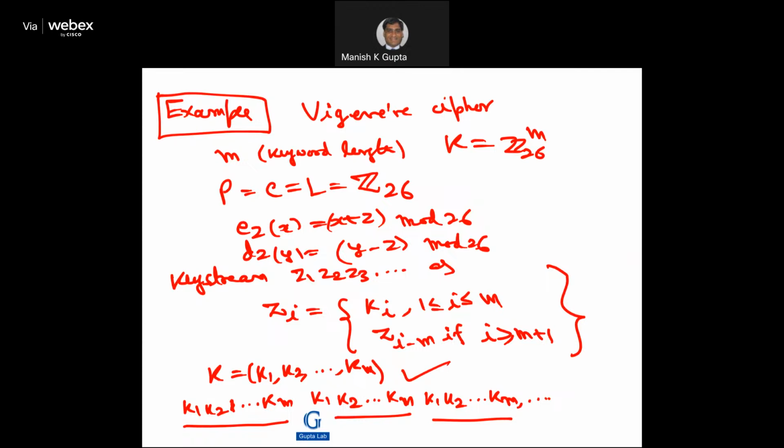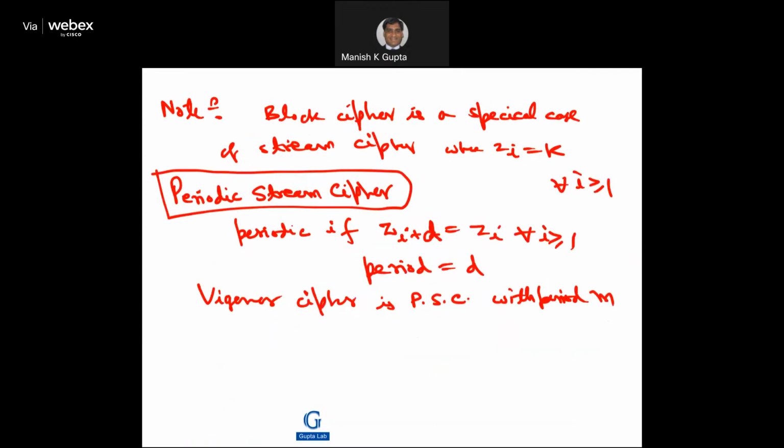As I mentioned, the difference is that in a block cipher, each block has the same key, while here each block has a different key. So if you use the same key, you get the block cipher. It's a straightforward thing. So a block cipher is a special case of a stream cipher where zi is equal to k for every i.